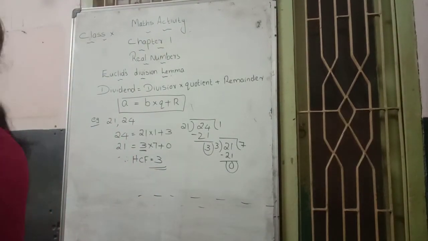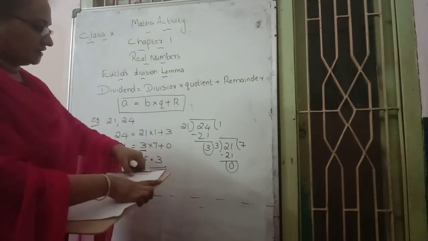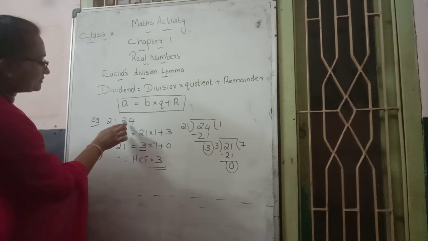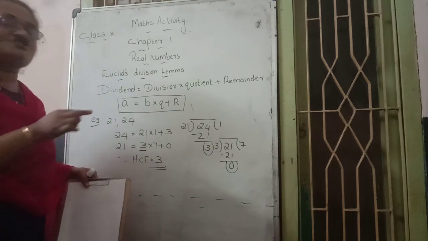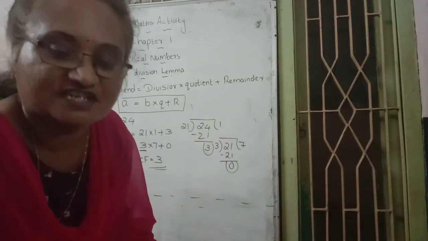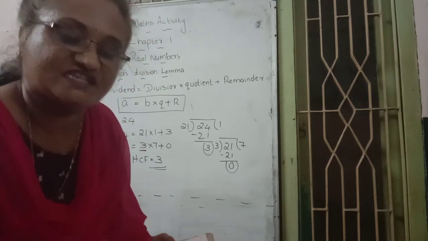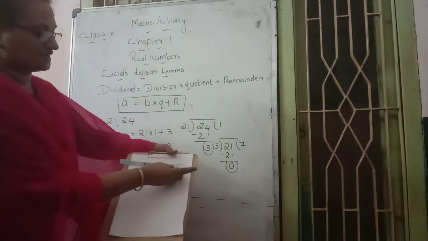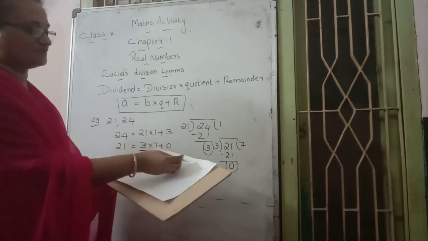Here I take another paper. See, the first numbers mentioned are 24 and 21. For the divisor we consider the bigger number, 24. So I take 24 centimeter. In this way the place is not sufficient, that's why we keep it horizontally.